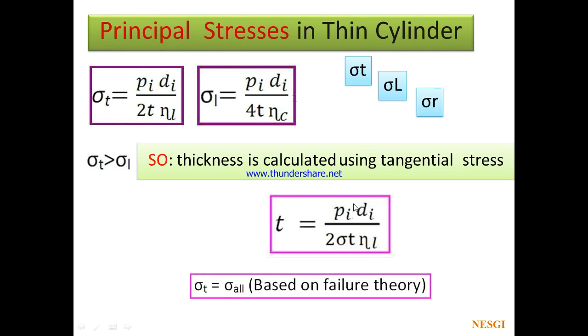So the thickness of the cylinder is given by t equals Pi into Di by 2 sigma T into eta L. Sigma T here is the tangential stress, which should be equal to the allowable stress for the material which we are going to use to manufacture the cylinders.